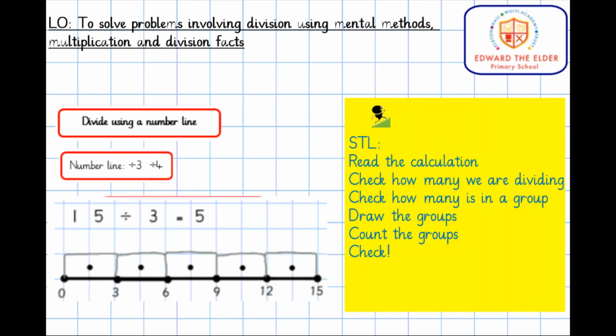Read the calculation. 15 divided by 3. We could say 15 divided into groups of 3. Check how many we are dividing. We have 15.